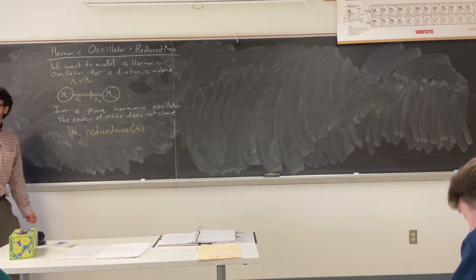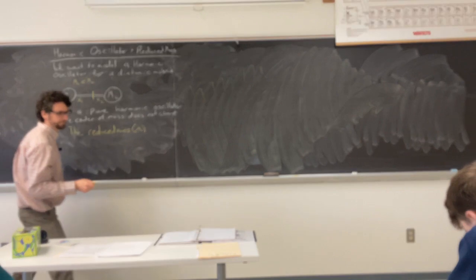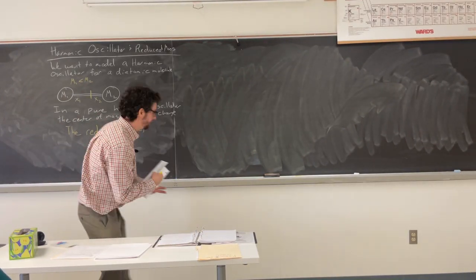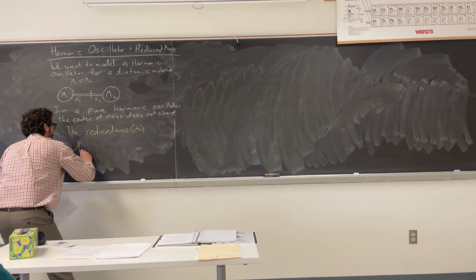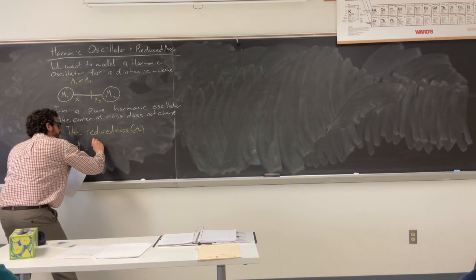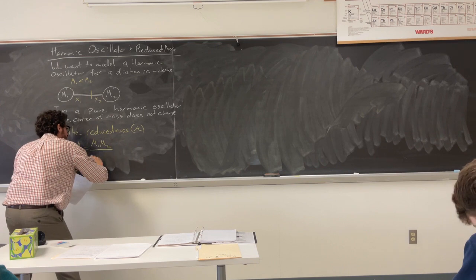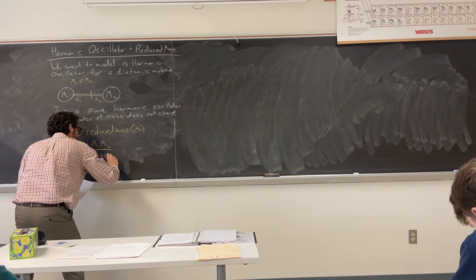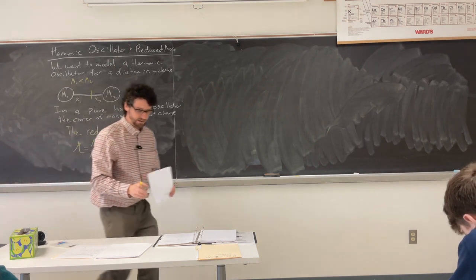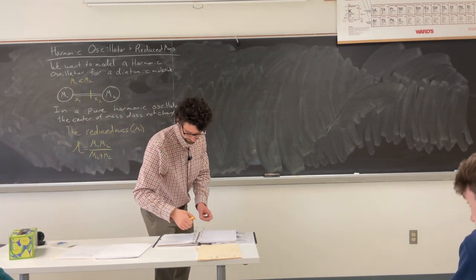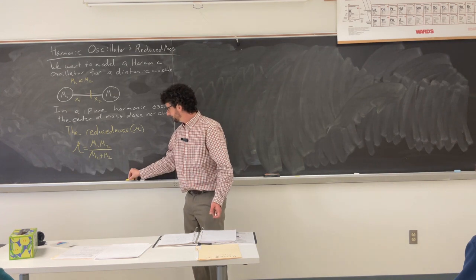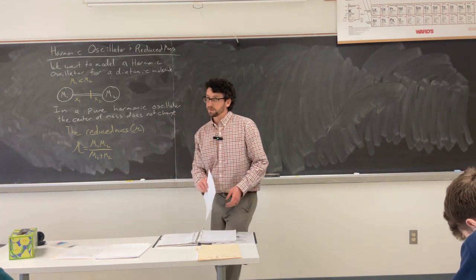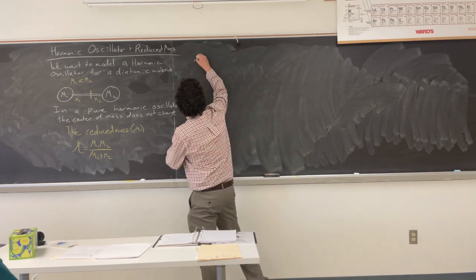I don't know what you used in physics. It ends up becoming M1 times M2 divided by M1 plus M2 for the masses. This should be lowercase. Okay, we're considering a harmonic oscillator.